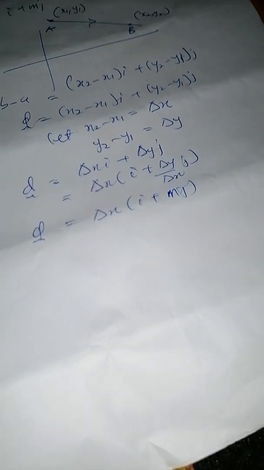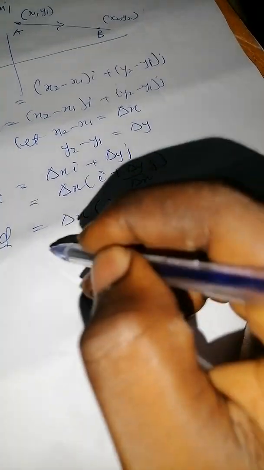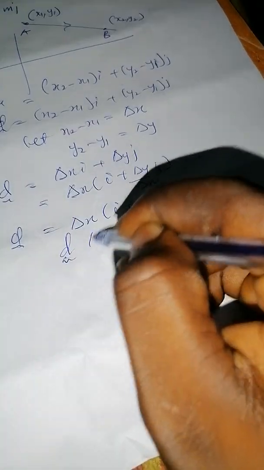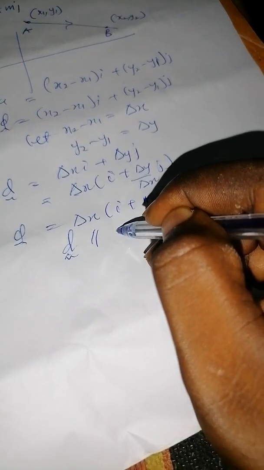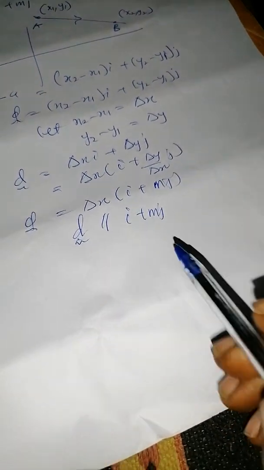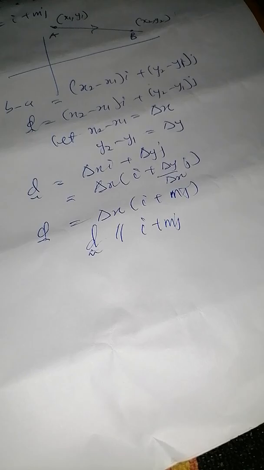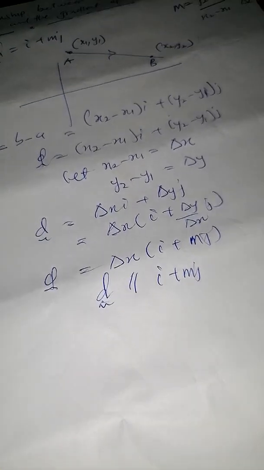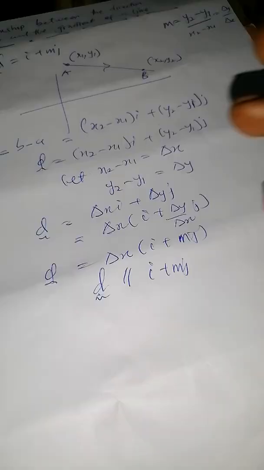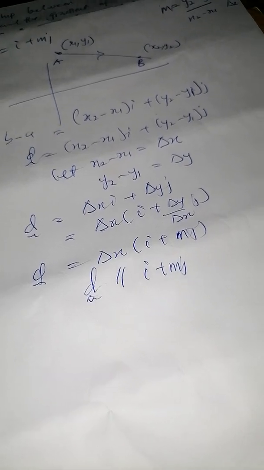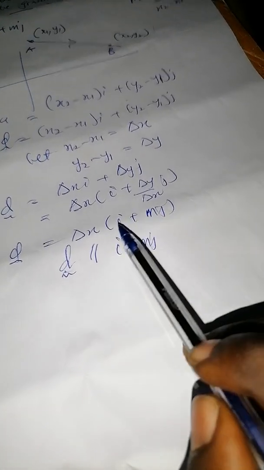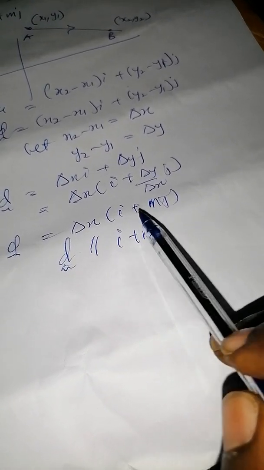That's my gradient. So I'm saying that my direction vector here is parallel to this vector i plus mj, meaning it's a scalar multiple of this vector. Your change in x is just a number, a scalar. That's x2 minus x1. They are points, so the difference just gives you a scalar. So it means my direction vector is parallel to the vector i plus mj.